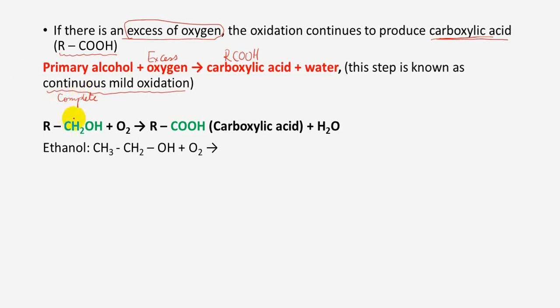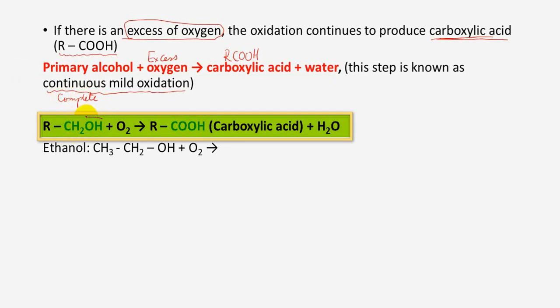Sometimes instead of continuous, we can use complete mild oxidation. In general, we only change the functional group of a primary alcohol into another functional group of carboxylic acid. The functional group of carboxylic acid is COOH. We can also write it as a C double bond O with OH.